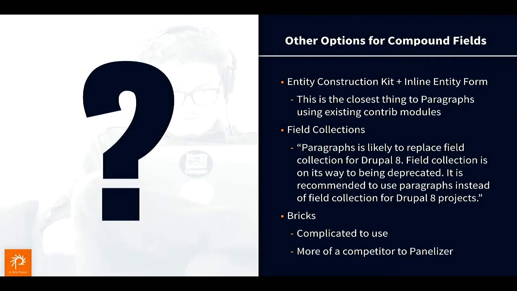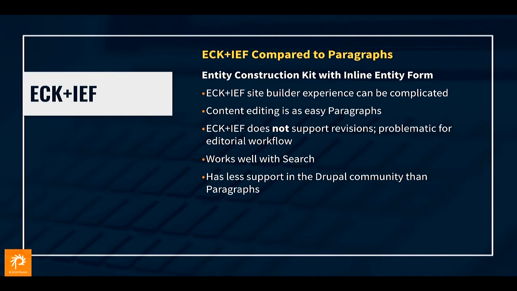It does some things very similar to paragraphs, but it's really more akin to messing around with blocks. It's really more of a competitor with Panelizer. And it reminds me a little bit of Beans, for those of you that used Beans in Drupal 7, which, of course, in Drupal 8, they're just saying use blocks because those are fieldable now, and you can have block types. So this was just an example of exploring some other options.